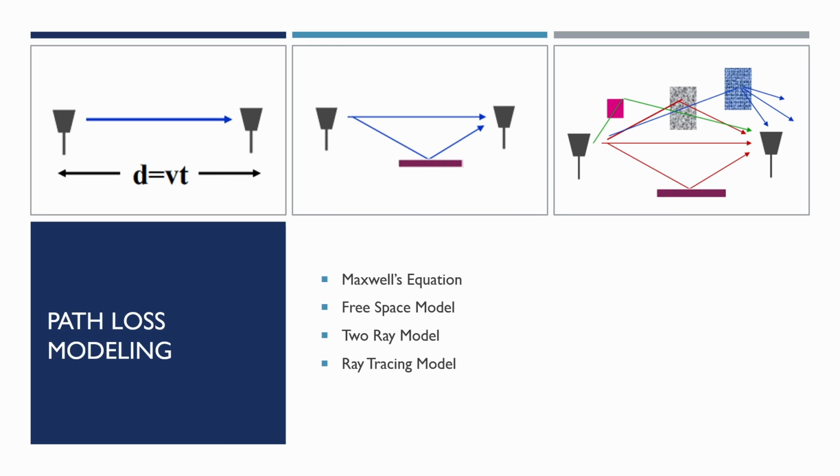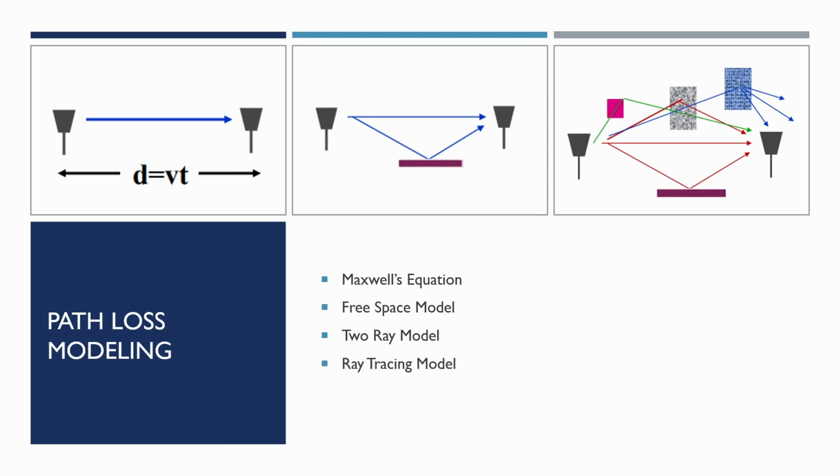The middle one is called a two-ray model, where the receiving side receives two signals: a line of sight signal, and another signal that has been reflected.